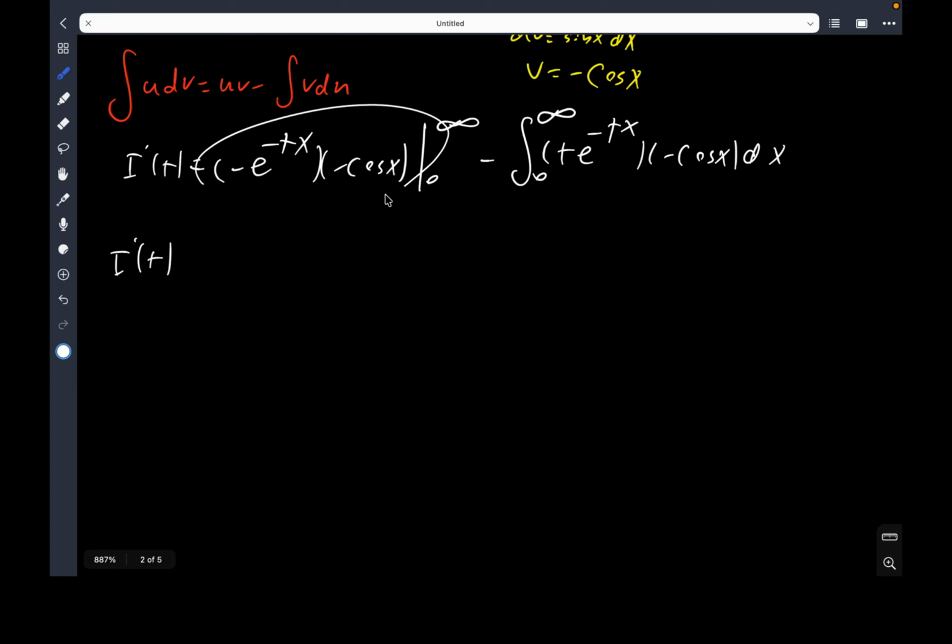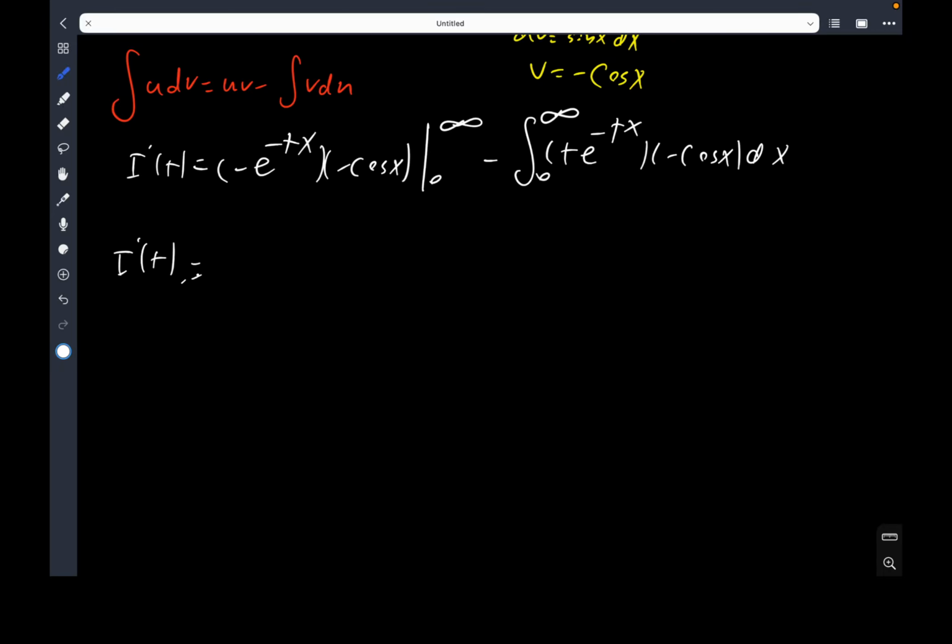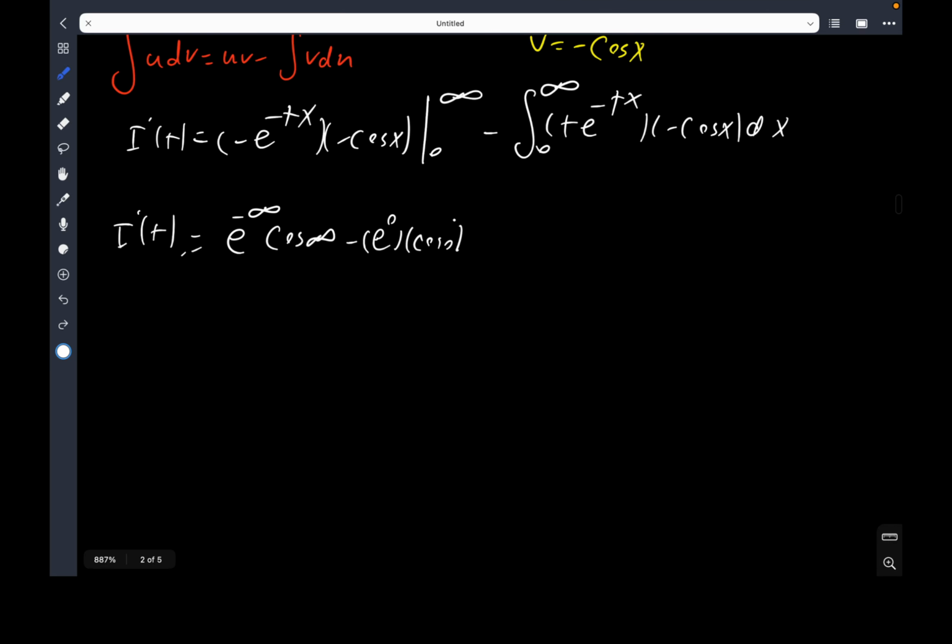You calculate this limit here, and you'll see that I'm going to be having e to the negative infinity cosine of infinity minus e to the 0 cosine of 0. Because cosine of 0 is 1 and e to the 0 is 1, this is going to be 1.